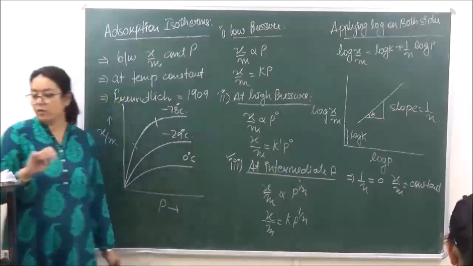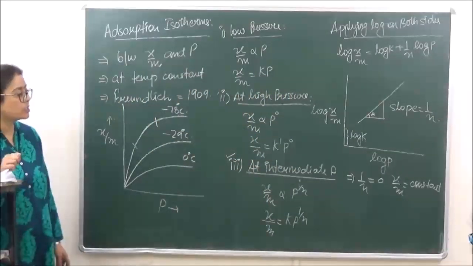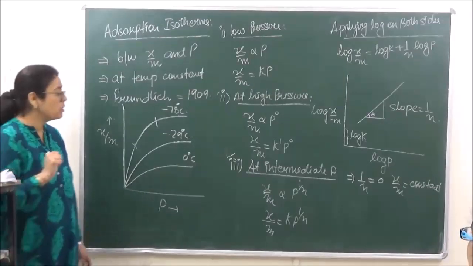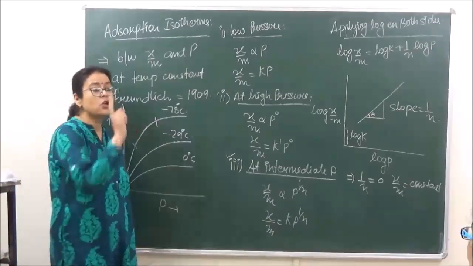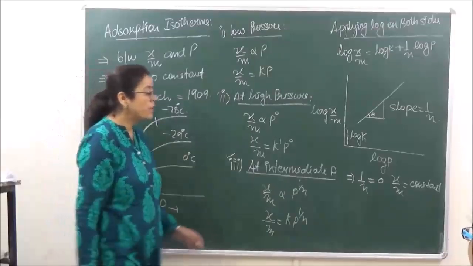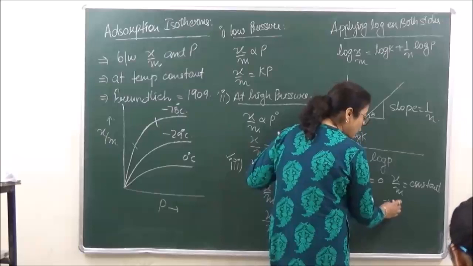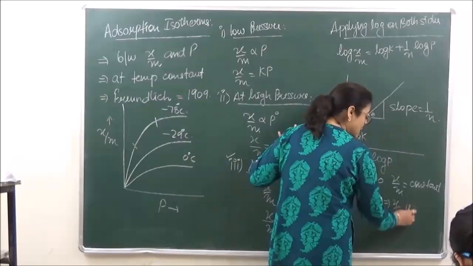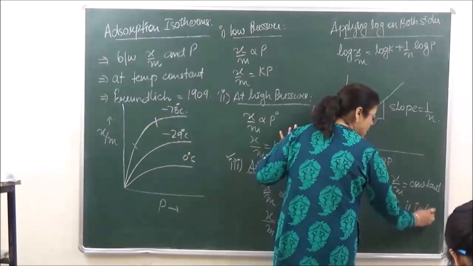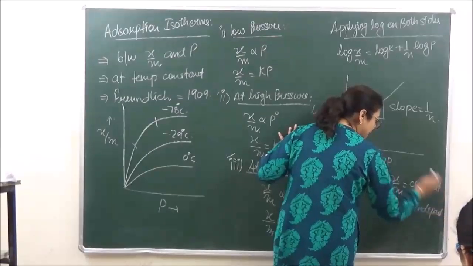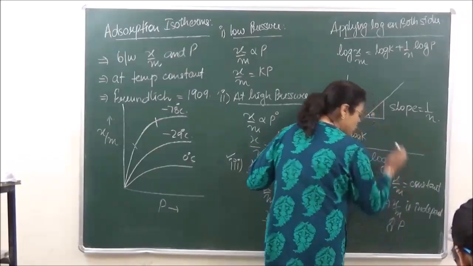Then the extent of adsorption is going to be constant, and if the extent of adsorption is constant, it means it is not depending upon pressure, or we can say that at 1 upon n equal to 0, the extent of adsorption is independent of pressure.